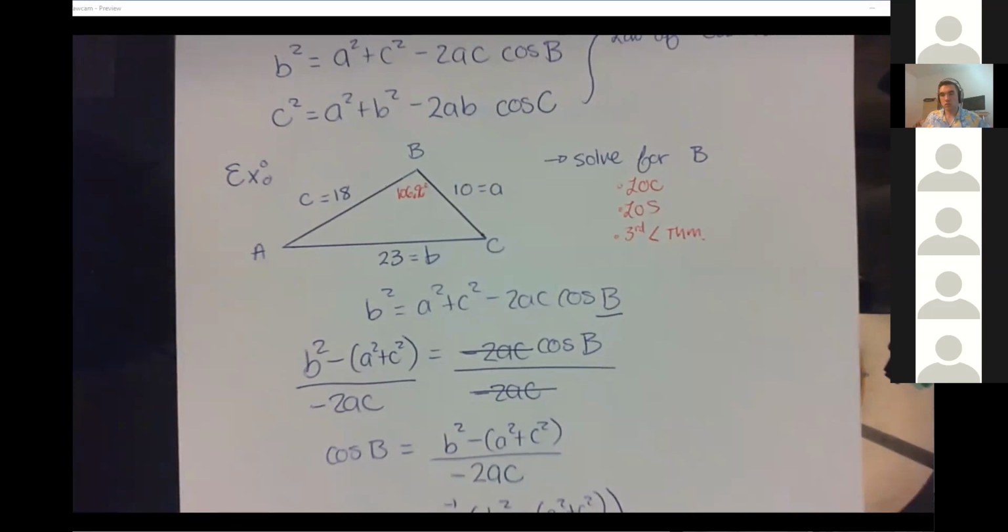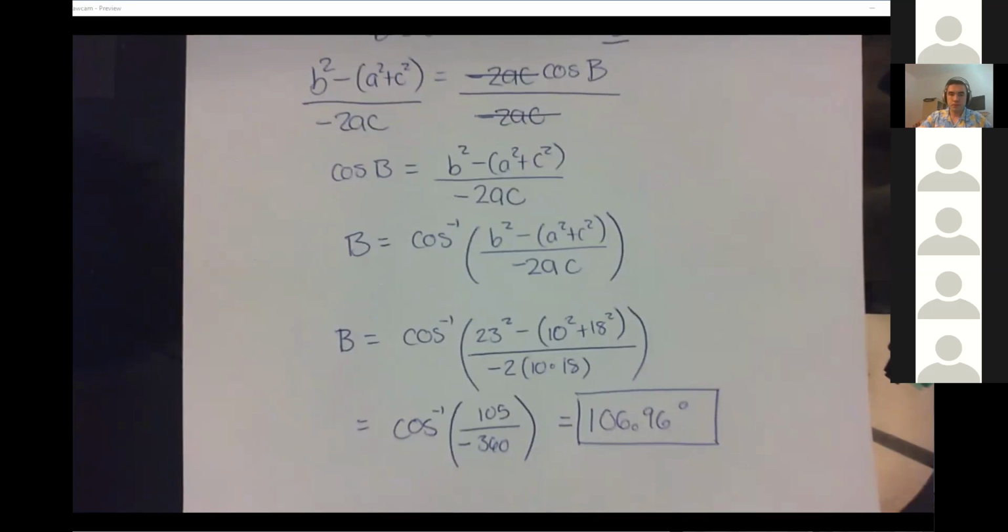Mr. Robinson, when I put that equation to my calculator, it said syntax error. What equation? That one, inverse cosine 105 divided by 360. Well, it has to be negative for one.